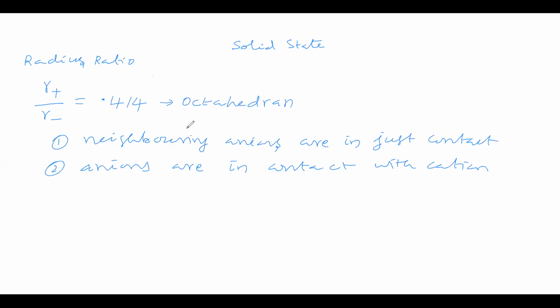So when the anions are just in contact, the radius ratio is 0.414. When the gap increases between neighboring anions, what happens to the radius ratio?